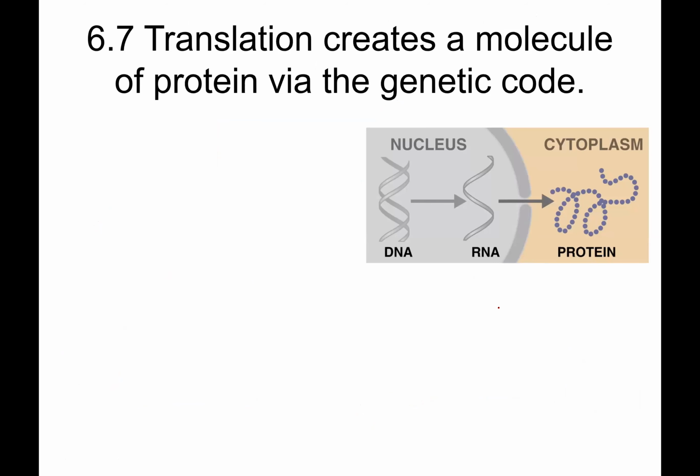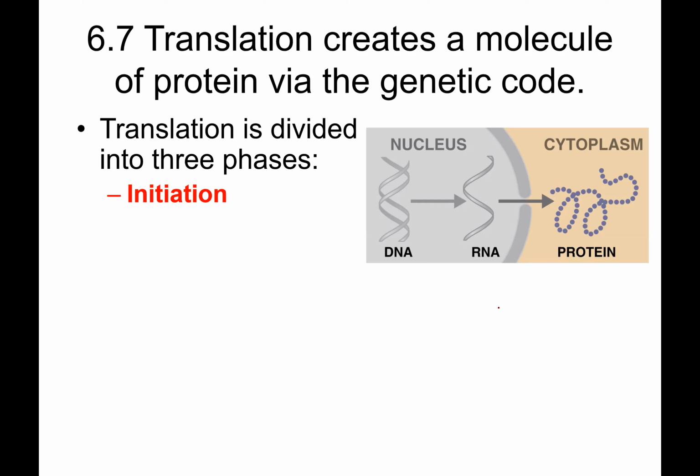Okay, so translation makes a molecule of protein using the genetic code. Translation is divided into 3 phases. You have initiation, elongation, and termination. So translation begins when 2 subunits of a ribosome assemble on an mRNA.